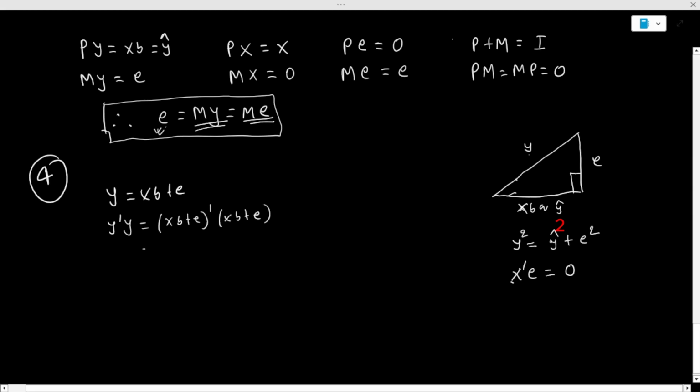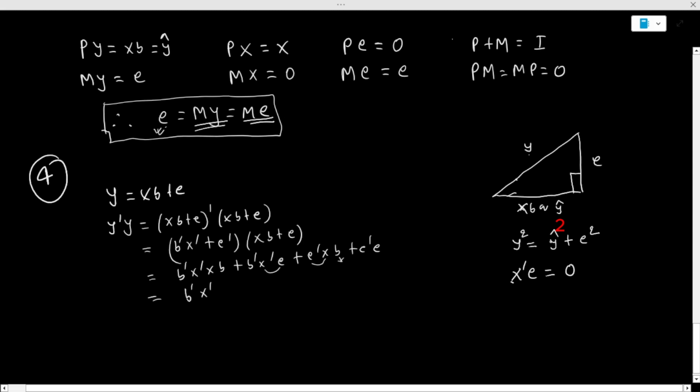If we expand it, X and the error term are orthogonal when beta is our OLS beta estimate, so that term is 0, and we are left with y transpose y equal to, if Xb is y cap, then beta transpose X transpose is y cap transpose, plus e transpose e. In vector or matrix notation, this is equivalent to y squared equals y cap squared plus e squared.